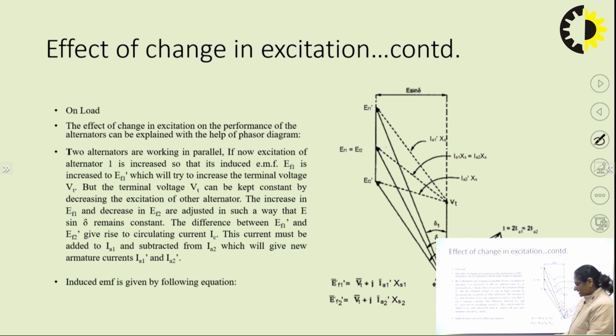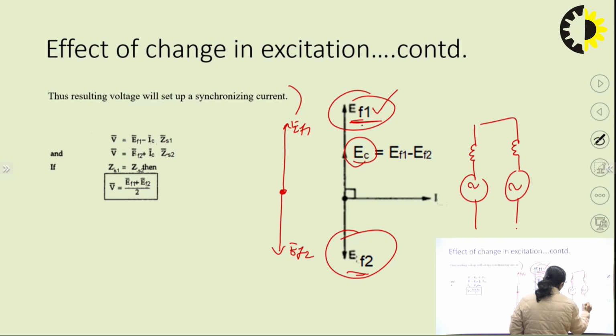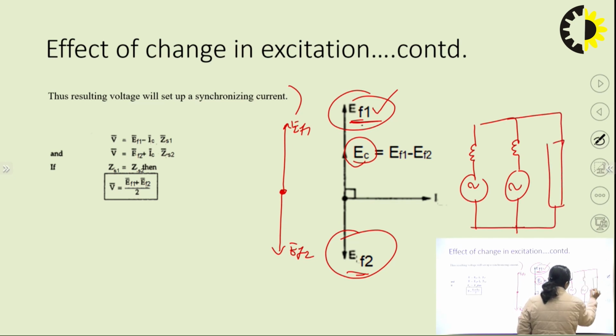Now, let me show you the representation as well. It is the same representation, two alternators connected in parallel. I just wanted to show you the circulating current flowing under these conditions. They are supplying a common load. Load is constant. Current carried by the load is IL. What happens?